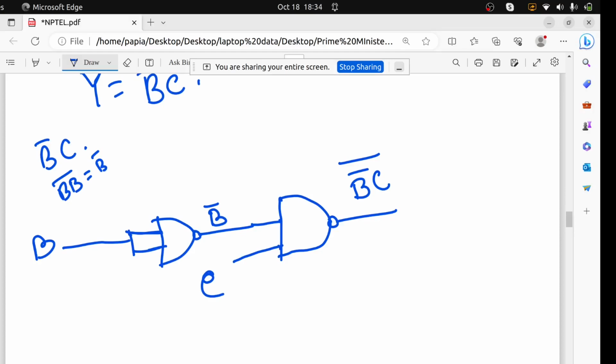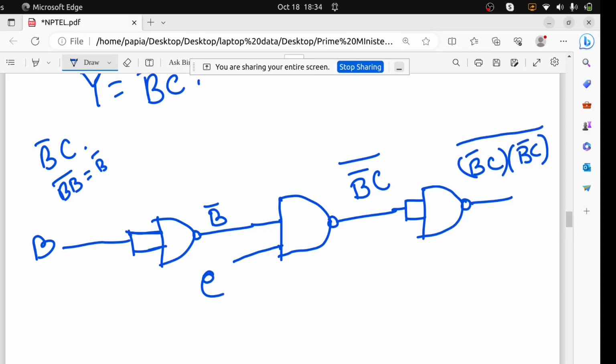Now this whole thing I can just put into another NAND gate. Then what will be the answer? B bar C into B bar C whole bar. That means what will be the answer? It will come as only B bar C.